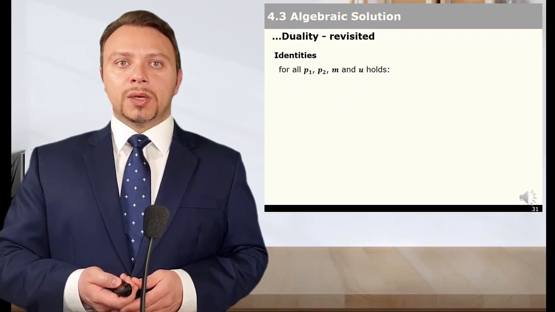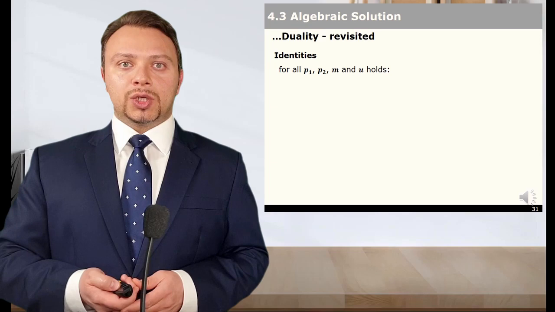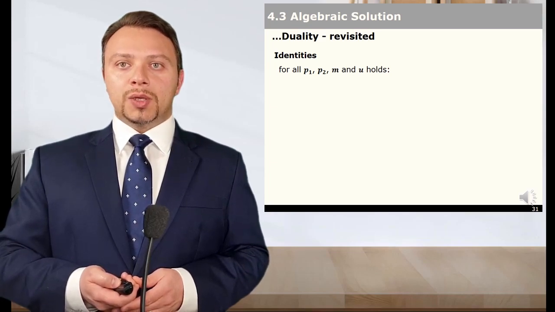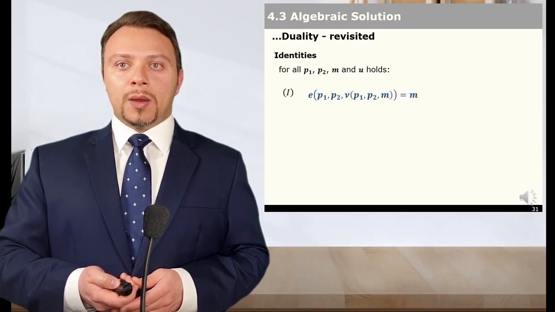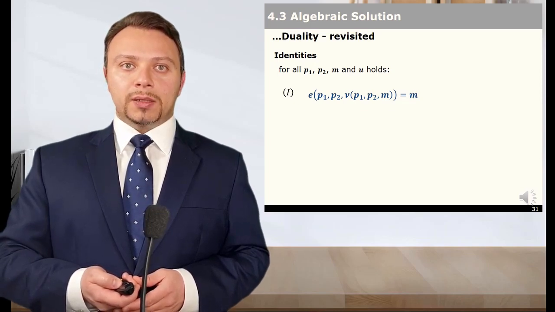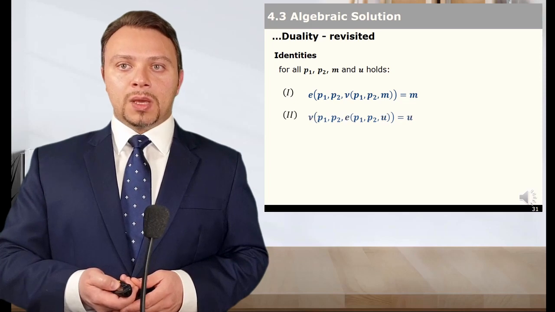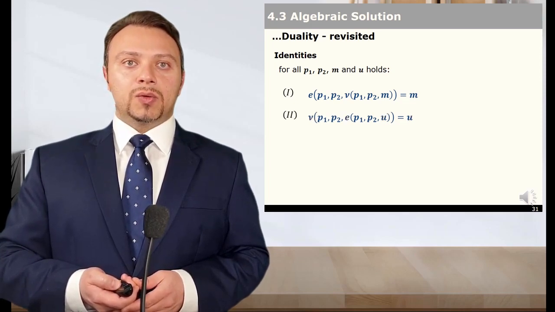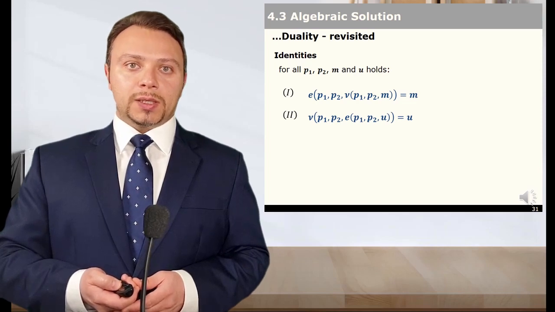There are certain useful identities which duality implies. For all P1, P2, m, and u the following holds. Plugging the indirect utility function into the expenditure function will result in m. Plugging the expenditure function into the indirect utility function will result in u.